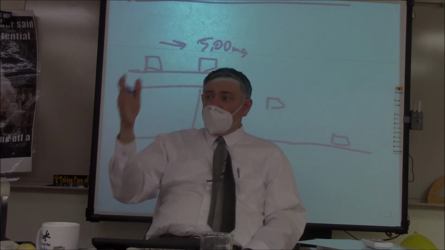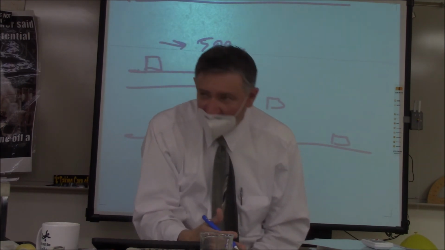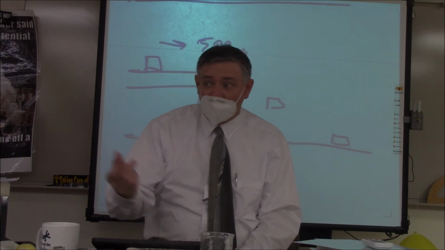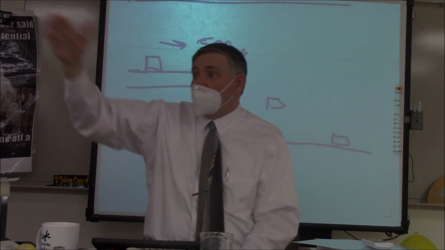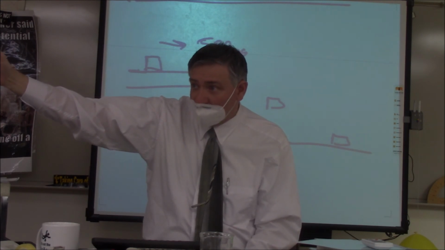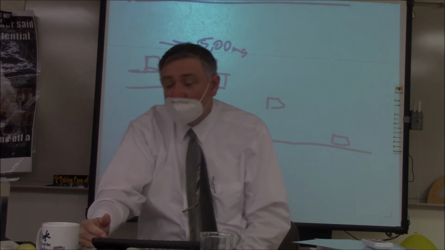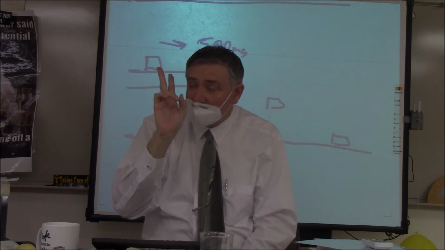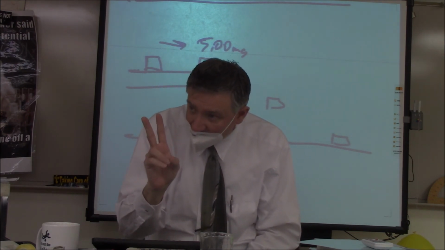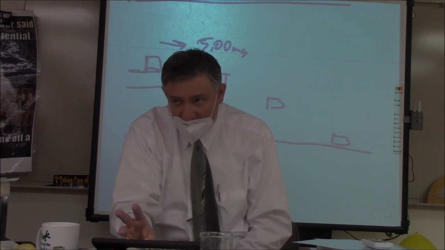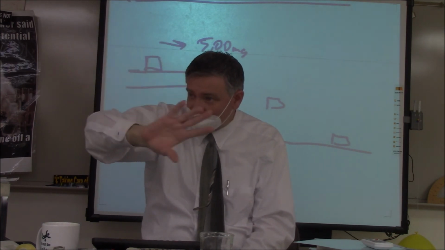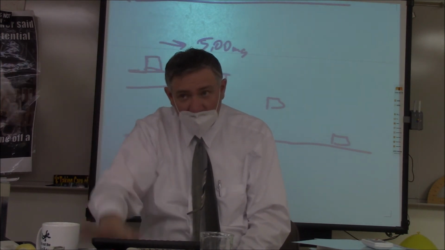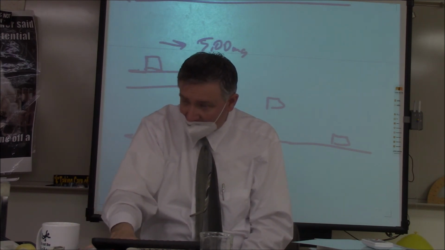It's traveling at 5 meters per second, so I would let maybe 1 centimeter equal 5 meters per second. There you go. You're going to have 3 different scales: a scale for your forces, a scale for your accelerations, and a scale for your velocities. Make sure that you clearly lay that out so I know exactly what's happening.